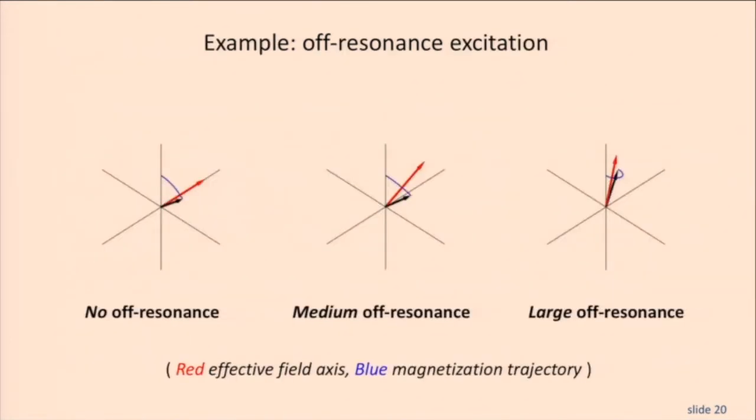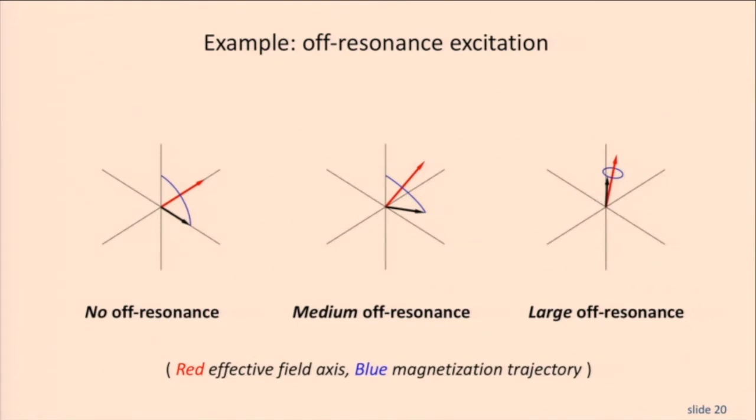So why is that important? Because then we can exactly simulate what happens under off resonances, and this is just to remind you what that means. If there is no off resonance, then we simply have a rotation of the spin from equilibrium into the transverse plane.